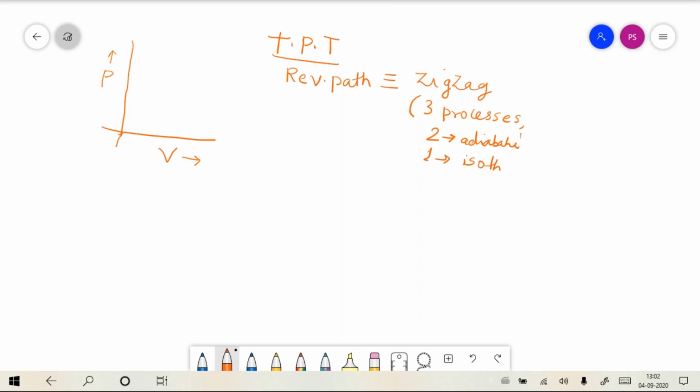All are reversible. We are talking about reversible. This is to be proved.